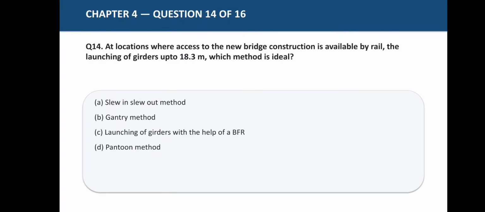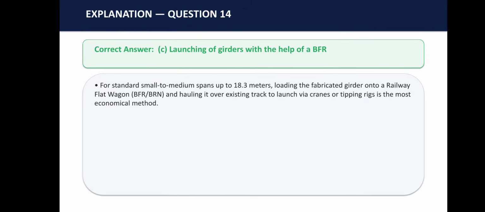The correct answer is option C. Launching of girders with the help of a BFR. Explanation. For standard small to medium spans up to 18.3 meters, loading the fabricated girder onto a railway flat wagon or BFR and hauling it over existing tracks to launch via cranes is the most economical method.